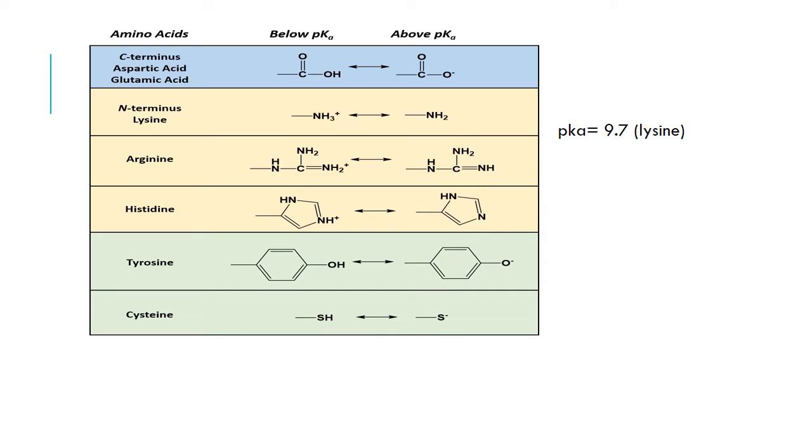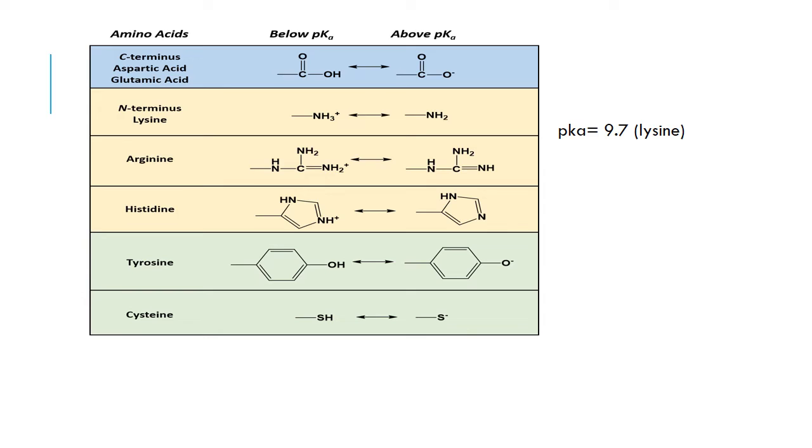Let's say our acid dissociation constant is 9.7, and that 9.7 happens to be the isoelectric point. We are expecting the lysine to have a net charge of 0.